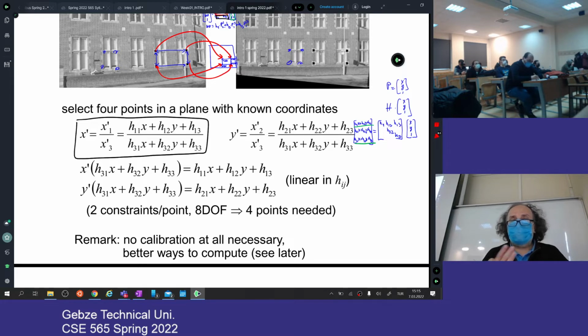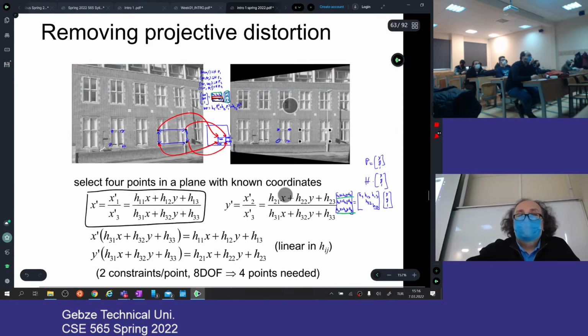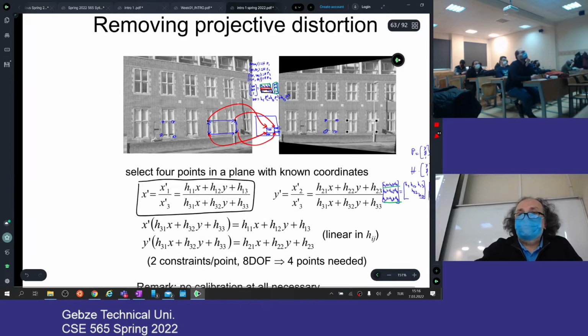I know the x's, I know the x primes and y primes. I need to find these numbers. So write a linear equation to find these numbers and solve for it. And using these 4 points, you can get the projectivity or the homography. So I can get a homography between these two.